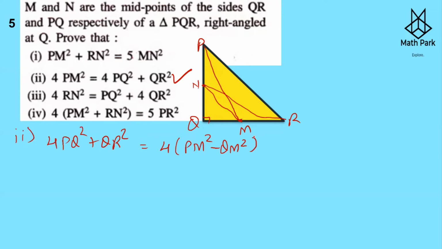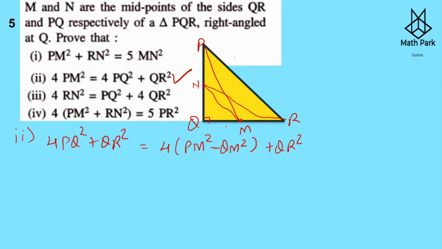For QR square, let us simply write plus QR square over here, because QR square is required as it is. Now 4 times PM square minus QM square. So what is QM? Now what do we have to target? We need to get PM over here.